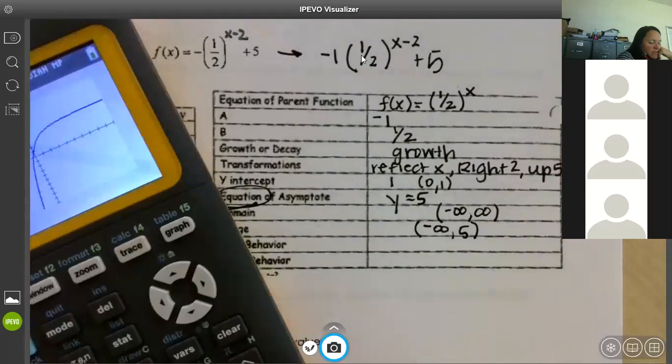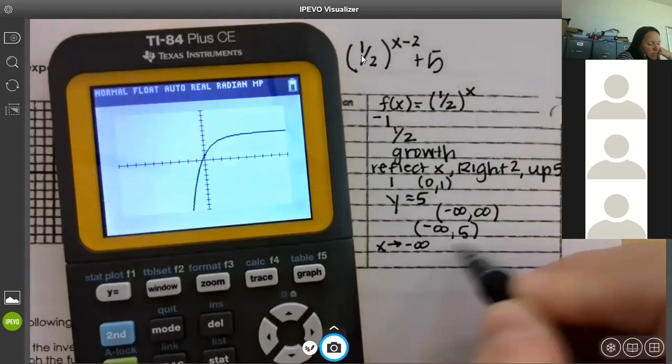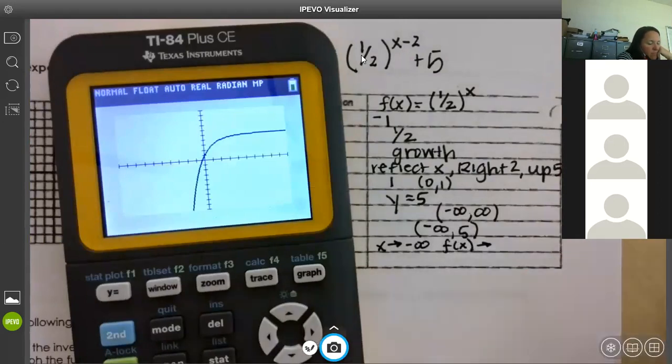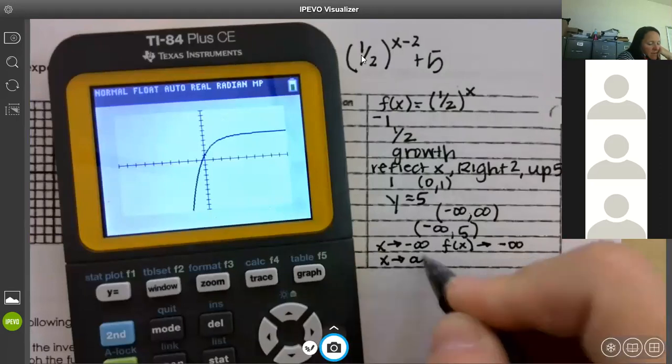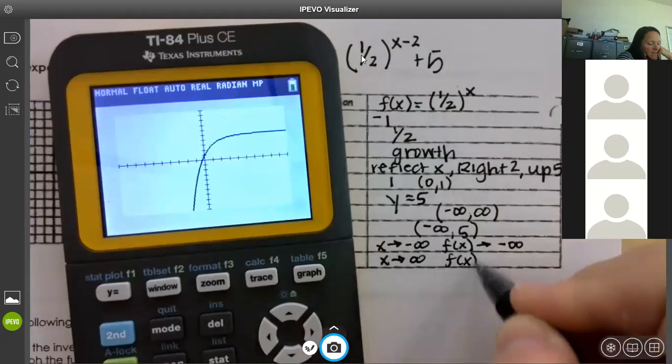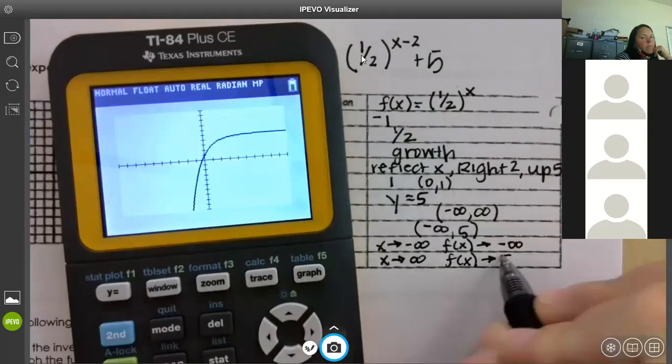Left behavior: as x goes to the left, where does this graph point? This side, negative infinity. On the right side, where does it go to? 5. Good job.